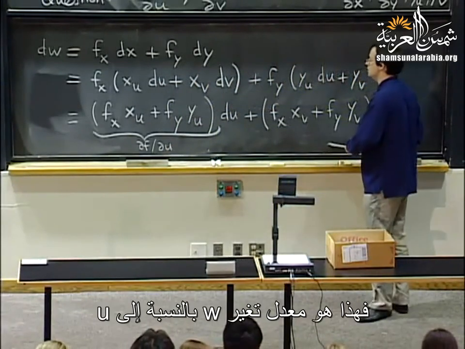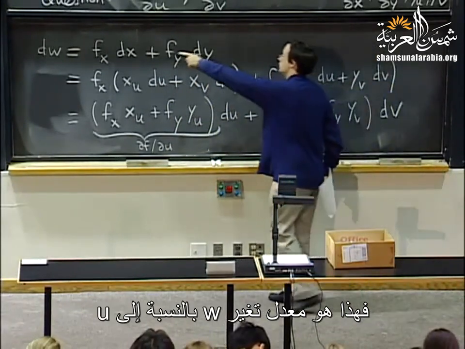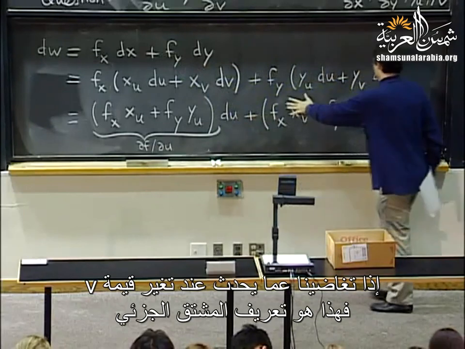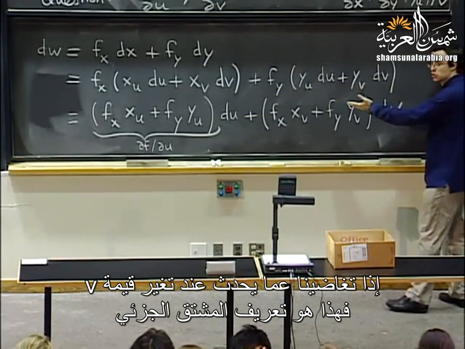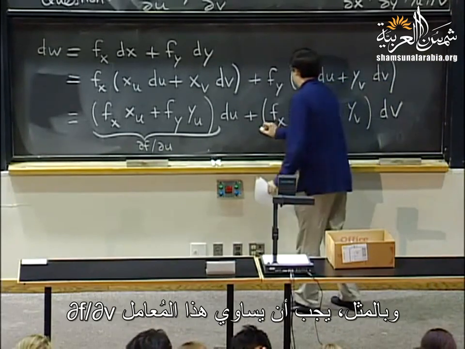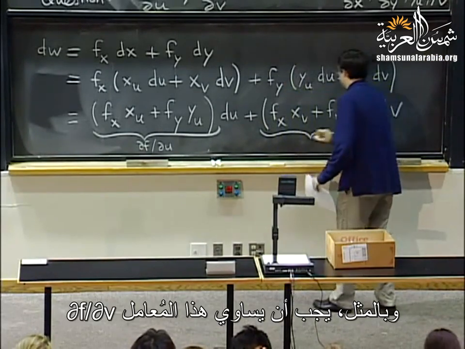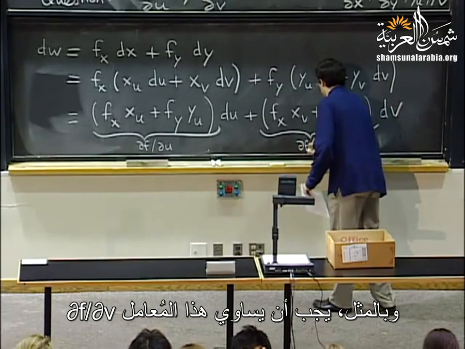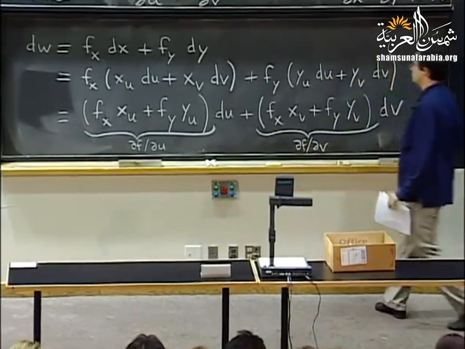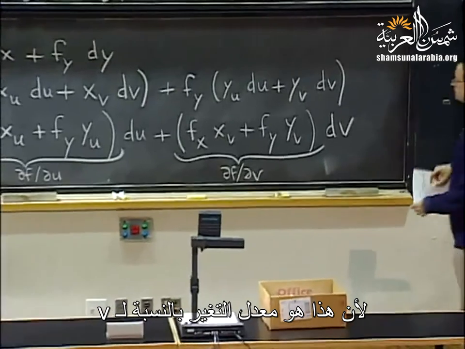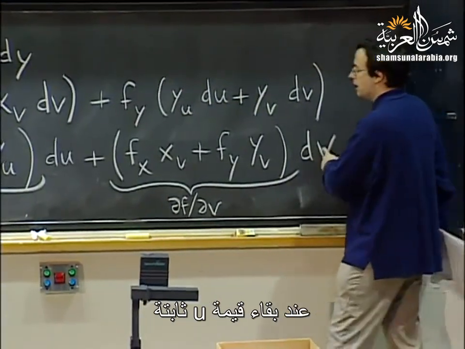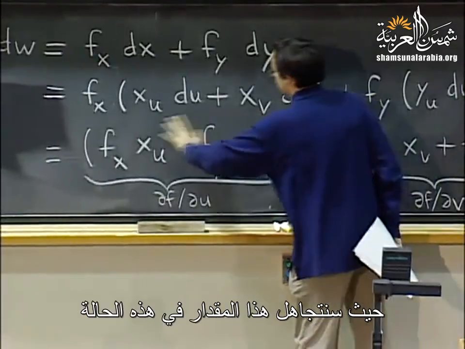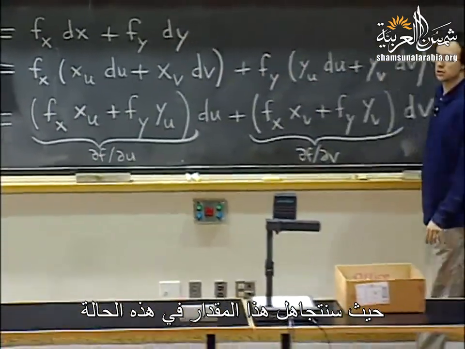That's the rate of change of w with respect to u if I forget what happens when I change v. That's the definition of a partial. Similarly, this one has to be partial f over partial v. That's because it's the rate of change with respect to v if I keep u constant so that these guys are completely ignored.